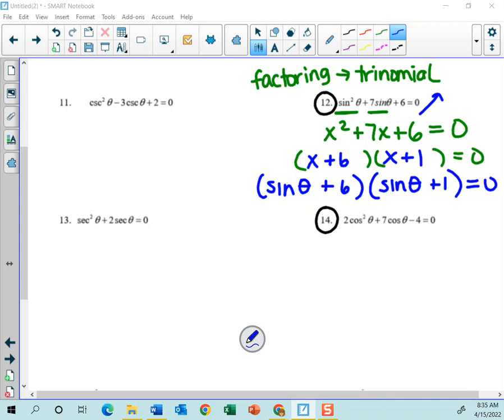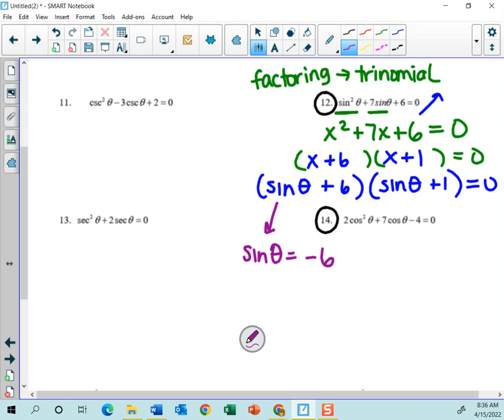Okay, so now we're going to set both of these equal to 0 and come up with whatever solutions. And a really, really common occurrence that's going to happen in these is we're going to probably have one piece that's likely going to go outside our range. Meaning, when we think about a sine, our sine values don't get any smaller than -1, and they don't get any bigger than 1.